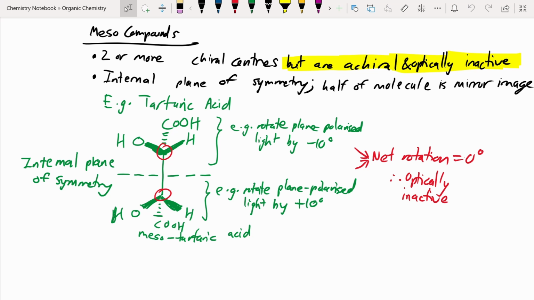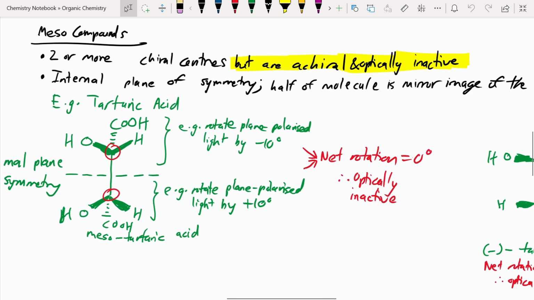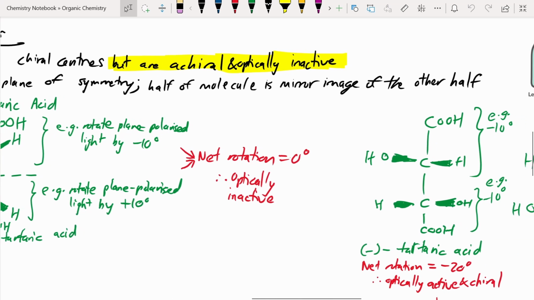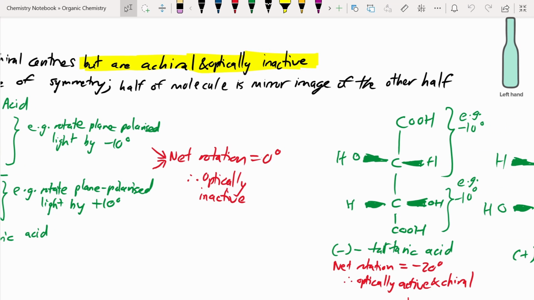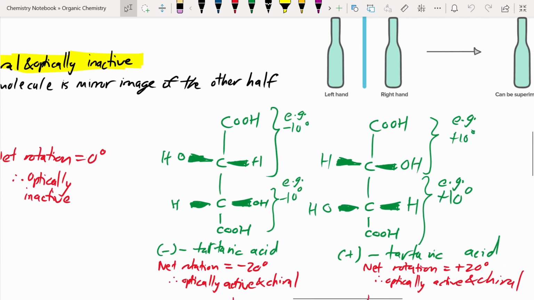So the presence of chiral centers in the molecule does not indicate that it is necessarily a chiral compound. What determines whether a compound is chiral or not is whether it has non-superimposable mirror images. That's the most important criterion.